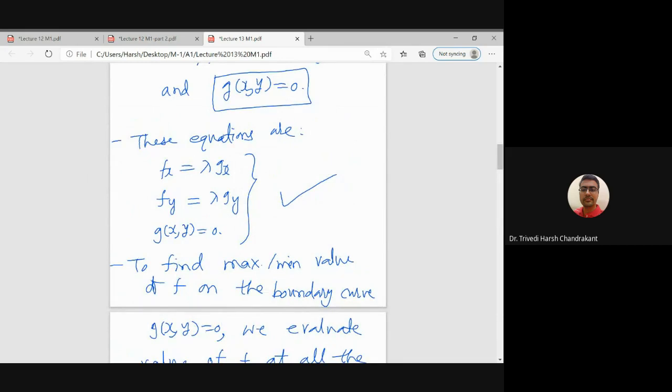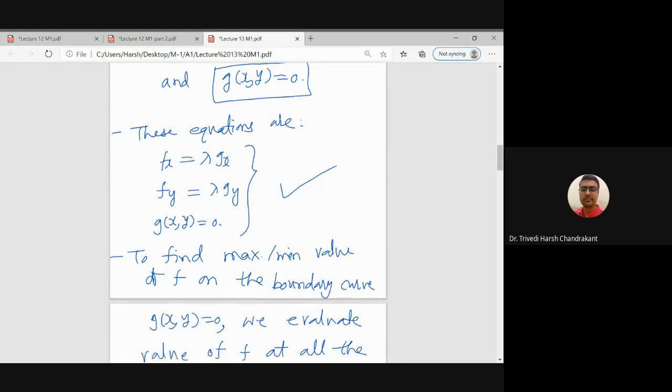The first equation is fx equals lambda gx, the second equation is fy equals lambda gy, and the third equation is the given equation, the unit circle.